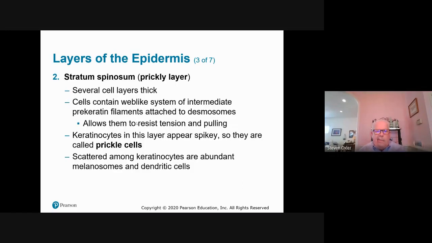Stratum spinosum: we're going from base all the way up to the top, from inside to outside. So the stratum spinosum is the 2nd layer, known as the prickly layer. It's got prickle cells in it because the keratinocytes in this area are spiked, and it allows the cells in the area to resist tension and pulling.